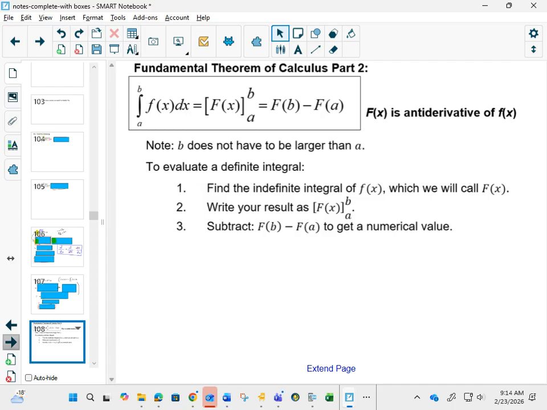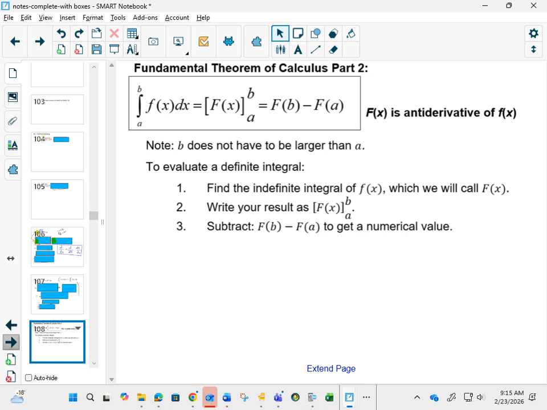Fundamental theorem of calculus part 1 says if you take the derivative of this going up to x, you would get just the f of x inside. Then if you wanted to work backwards to find out what the actual equation was, you need to find the antiderivative or the integral. And so f of x is the integral of the inside.